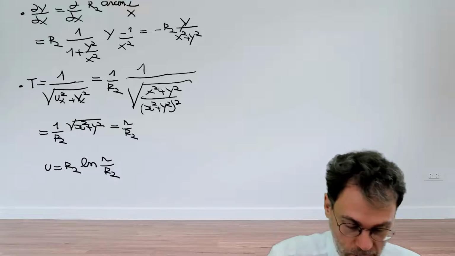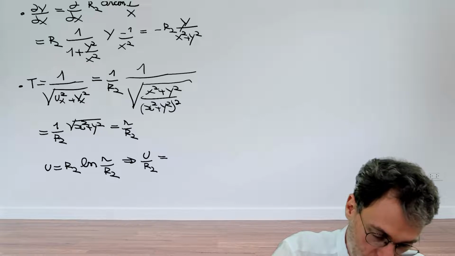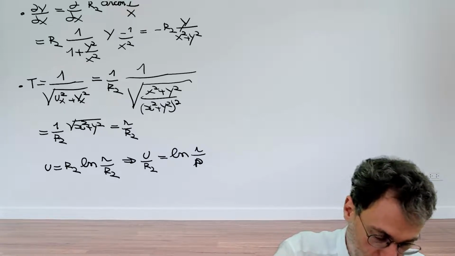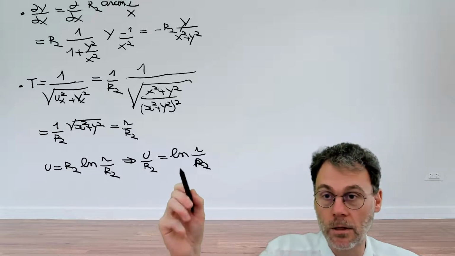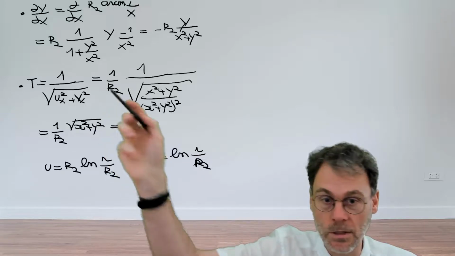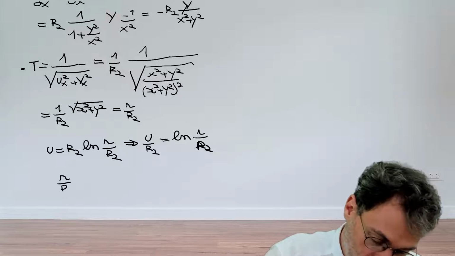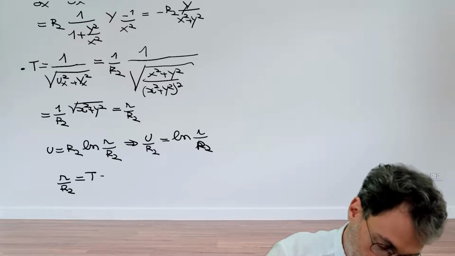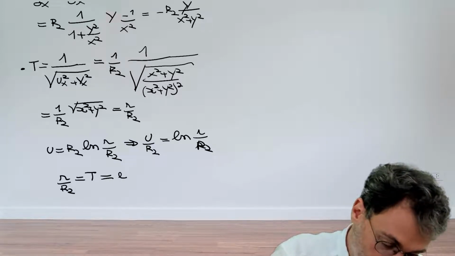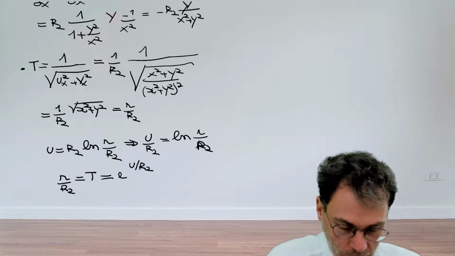So this means it's pretty straightforward here that u divided by r2 is the logarithm of r divided by r2. And r divided by r2, that's exactly the transformation factor that we're after. So r divided by r2, being our sought after transformation factor, is just going to be the exponential of u divided by r2. So there we have it.